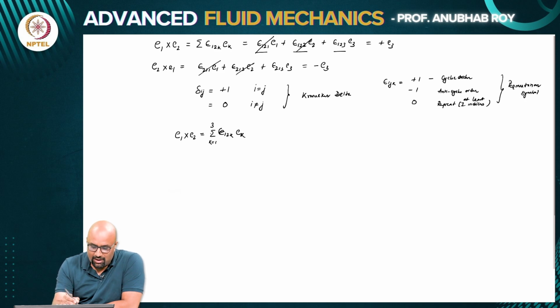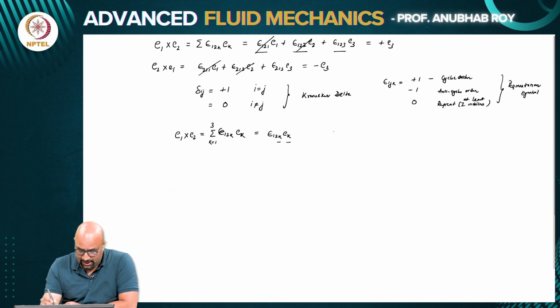Now, every time we are not going to carry forward this summation. So, what we will instead do is remove the summation symbol, and whenever you see these indices repeating, it will imply summation over that particular index.